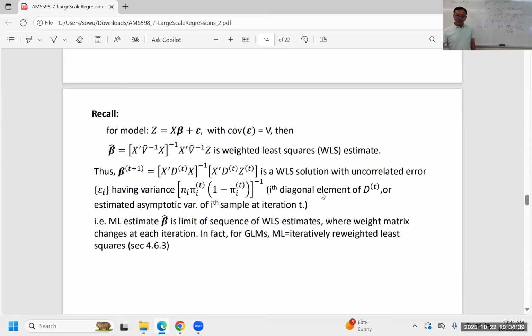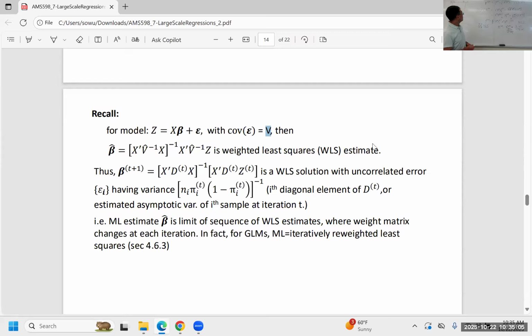This is just a reminder of why this solution holds. You have z regressed on x beta plus epsilon, where the covariance of epsilon is v, in the general sense. Then the solution for beta hat is a weighted least square estimate.